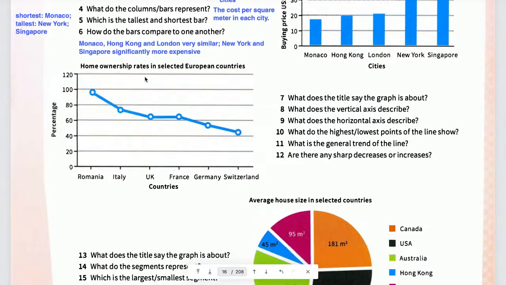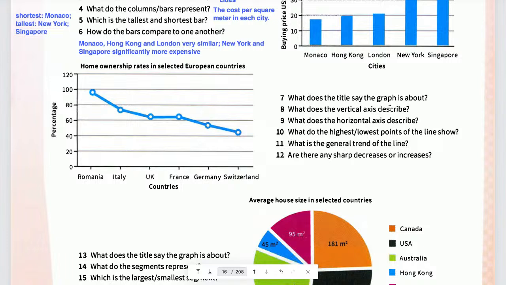Home ownership rates in selected European countries. Now you get familiar with that already, we can go very quick. Number 7, what does the title say the graph is about? The title is Home Ownership Rates in Selected European Countries.